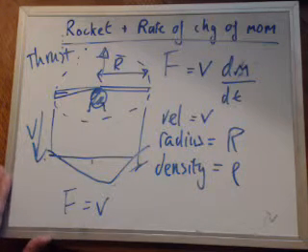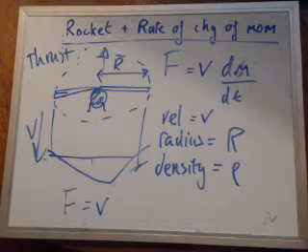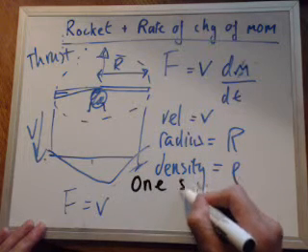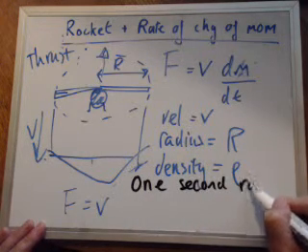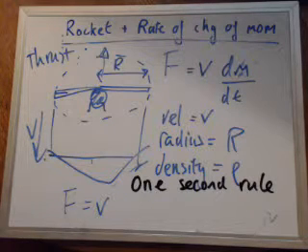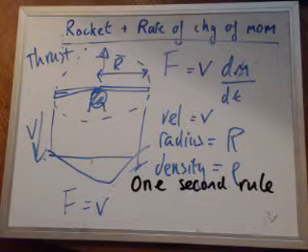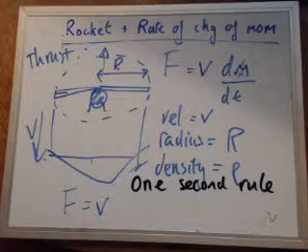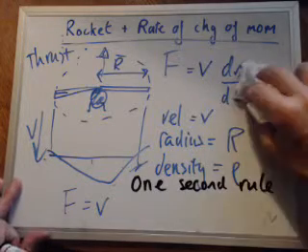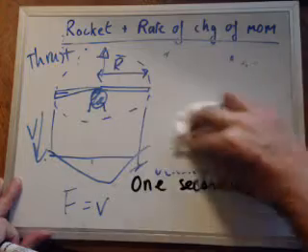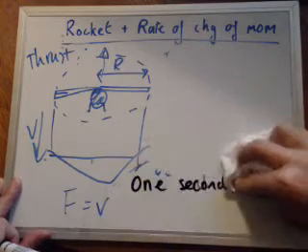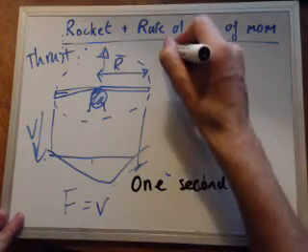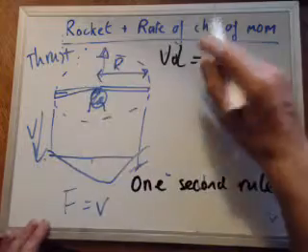To make this easy, to find out what the force is, we're going to use the 1 second rule. What happens in 1 second? What is the volume of air that comes down through the helicopter in 1 second? If we work out the volume, we can work out the mass by multiplying by density.